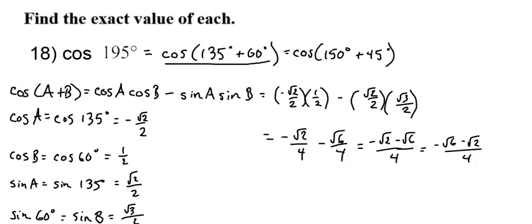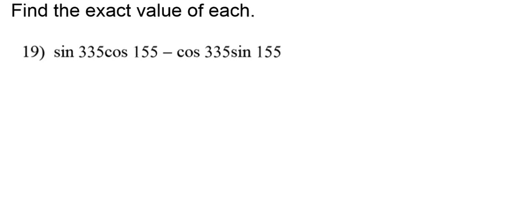Okay, so next up, we're going to go over 19 and 20. Now, 19 is not written, it's fine, but I want to change this so that it's consistent with what is on your blue sheet of paper. So we're going to rewrite sine 335 and then cosine 155.